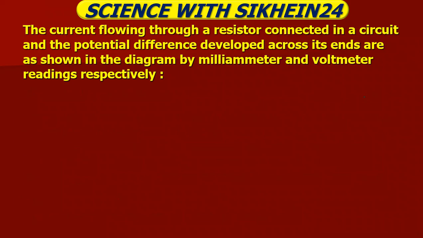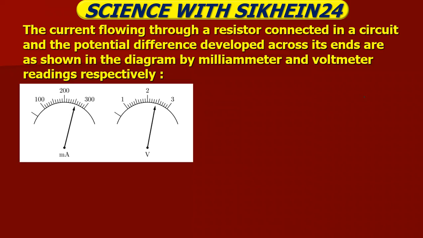Next, the current flowing through a resistor connected in a circuit and the potential difference developed across its ends are shown in the diagram by milliammeter and voltmeter readings respectively. Here is the diagram, milliammeter and voltmeter.